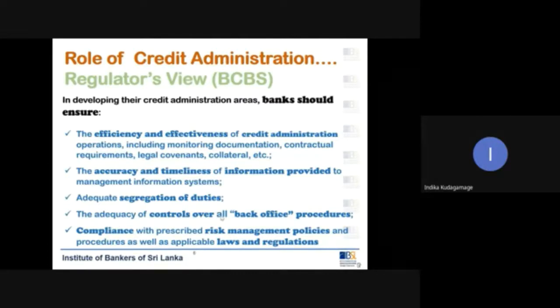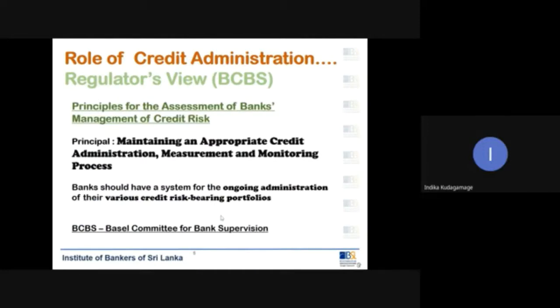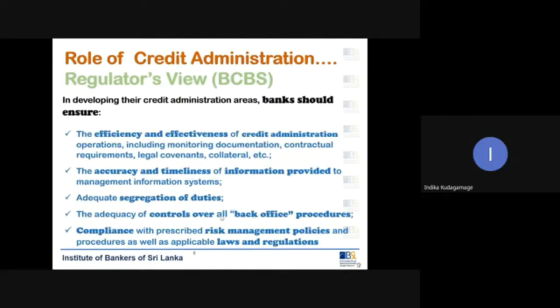It should be efficient and effective. Efficiency and effectiveness of the credit administration: monitoring, documentation, contractual requirements, legal governance, collateral. Those things need to be efficiently and effectively done and monitored. Right? Here, measure and monitor. So efficiency and effectiveness is a key point when we are developing a credit administration.